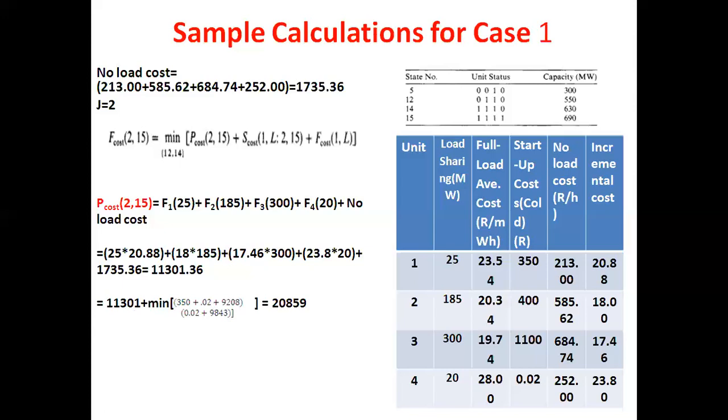In this way, we will calculate each and every state, and for each and every hour we have to calculate in this particular way. So this value will give us 9558.08, and it is less compared to this value, and 11301 plus this value will get the value of this one, 20859.